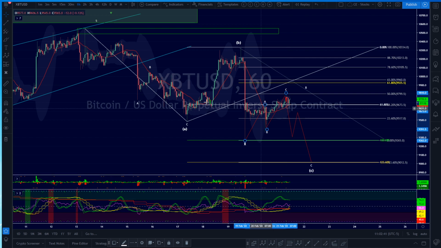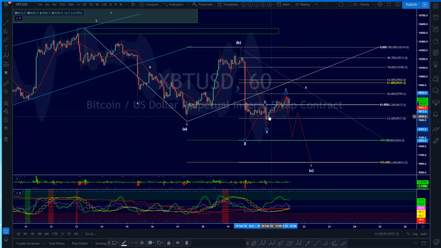And the last time it crossed bullish was back here at the same price range. At this price range it crossed bullish and we shot up. But then we had a major rejection, and now it's back to being cross bearish again. So this is my only caution for buying up here.